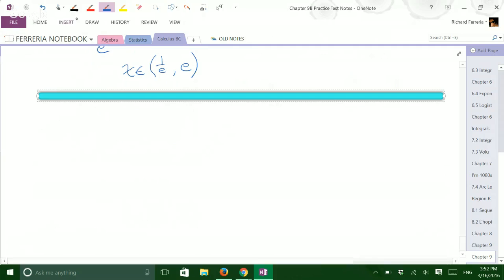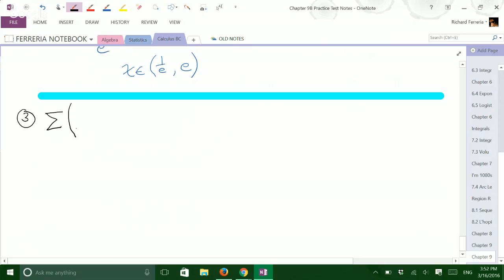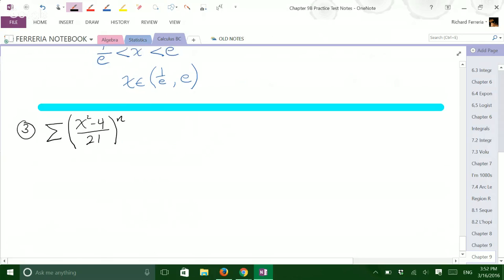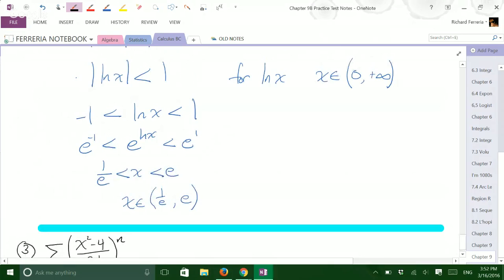Okay, let's check out 3. We have interval of convergence again. We have this series, and hallelujah, this series is geometric. Because it's not a ratio test, that's why we didn't check for it.